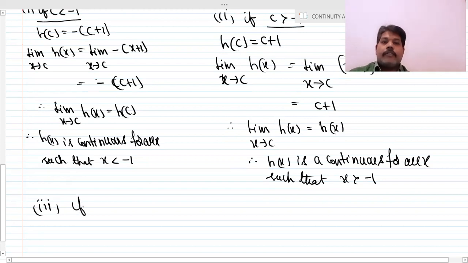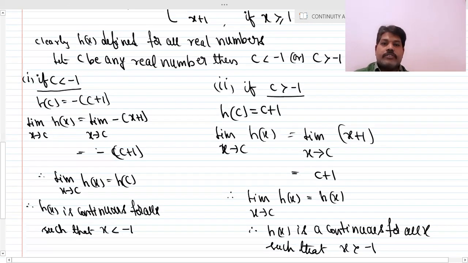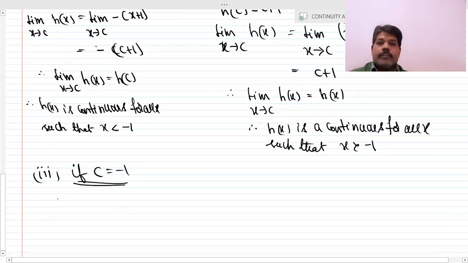So if c is equal to minus 1, then what happens? h of c is equal to h of minus 1.